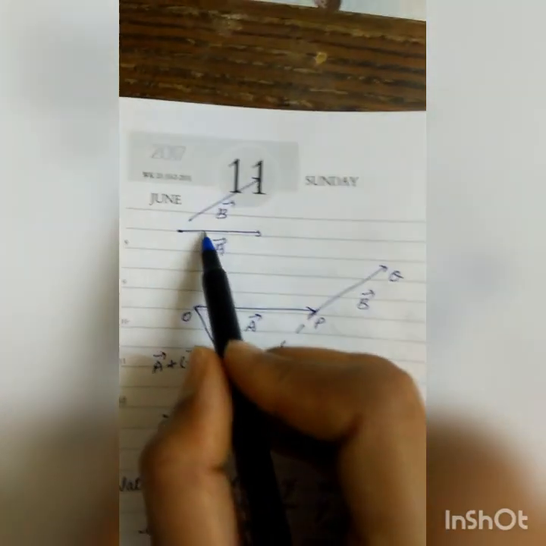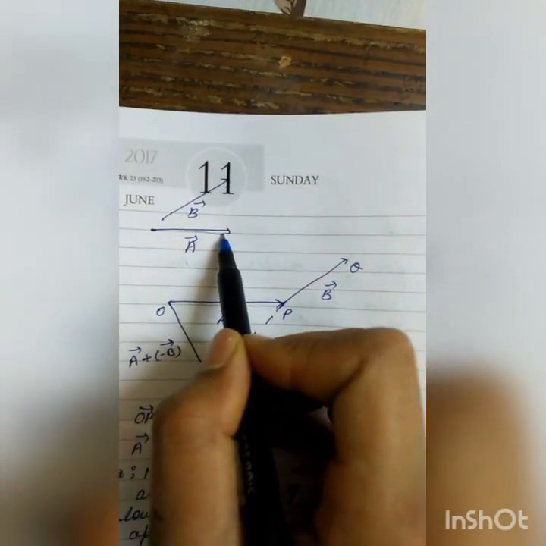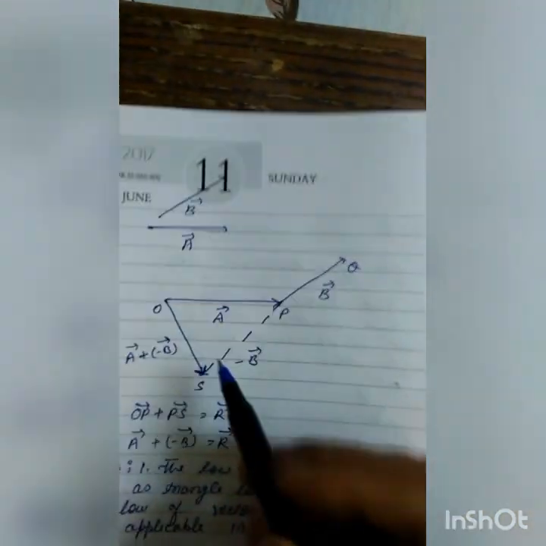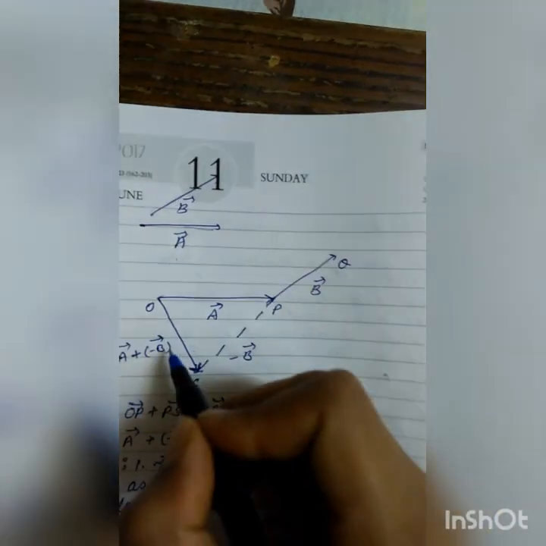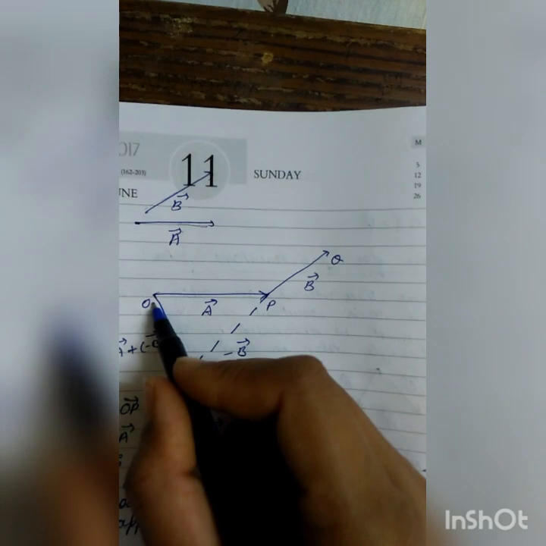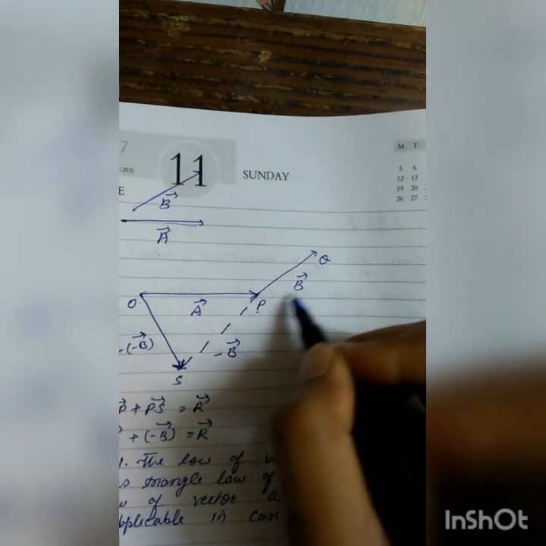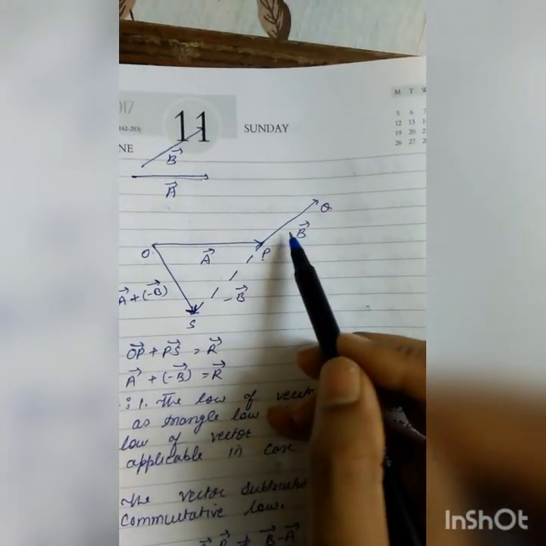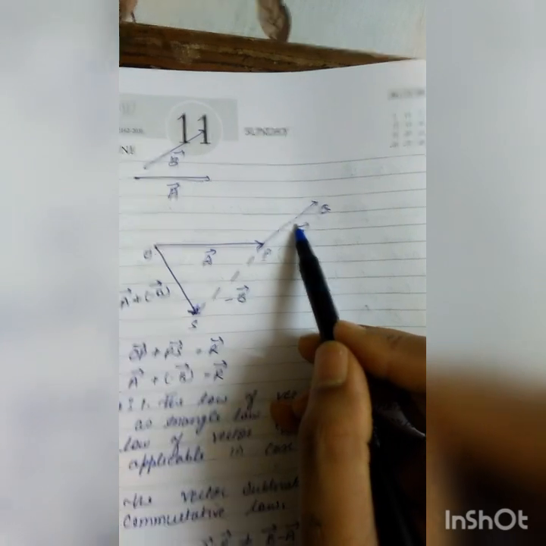For example, we have A vector represented along the x-axis and B vector acts at an angle. Now coincide the A vector and the B vector. A vector is represented by OP and B vector is represented by PQ. We know that in order to subtract these two vectors, we have to reverse the direction of B vector.